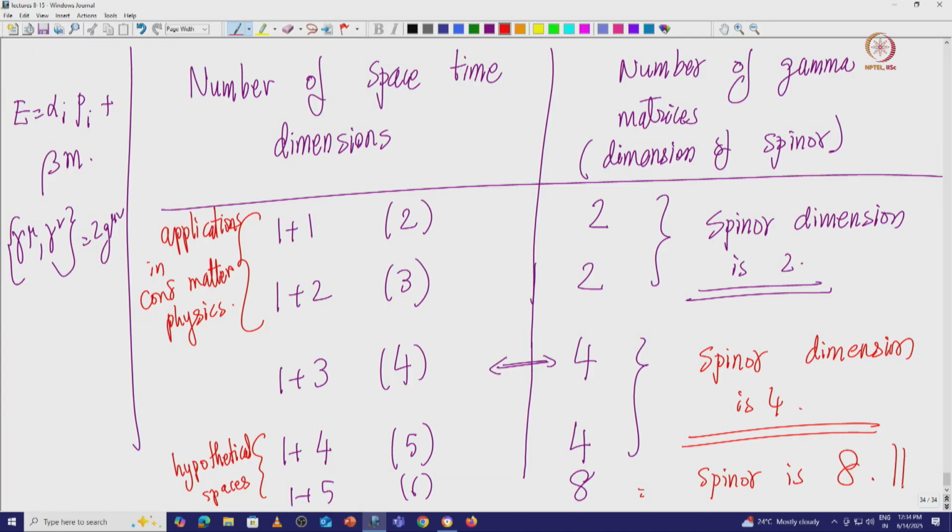There are other reasons also which will come later. The Dirac spinor is a bit special, and if you want Dirac spinors, you end up having these kinds of conditions.